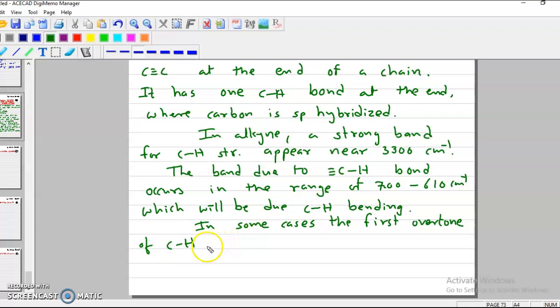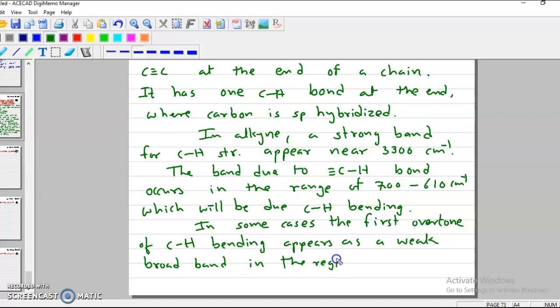So the first overtone of CH bending appears as a weak broad band in the region of 1370 to 1200 centimeter inverse. Okay.